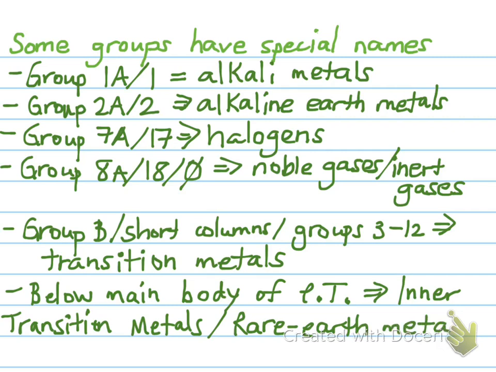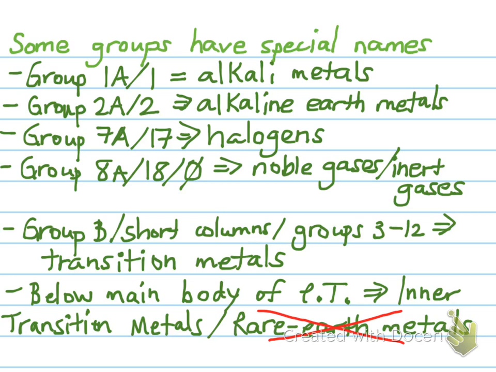Now, you'll find that in modern times, typically they're more often referred to as the inner transition metals because rare earth is actually not true. Initially, scientists and chemists thought that these elements were not very common in the soil on Earth. However, they've discovered that that was not true. So oftentimes, they're kind of trying to stop calling them the rare earth metals because that makes it sound as if they don't exist, right, in the earth, but they actually do.